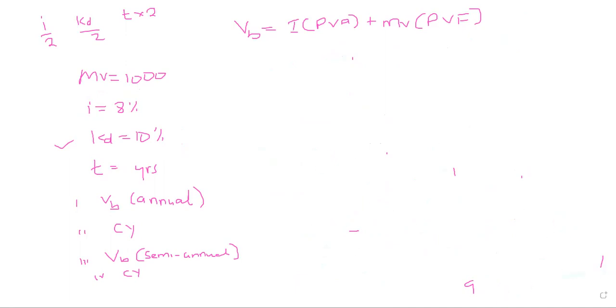Since it is a semi-annual bond, our coupon interest, instead of it being 8%, what are we going to consider? Our coupon interest will therefore be 4%. Meaning our capital I will be 4% times 1,000, which is 40.